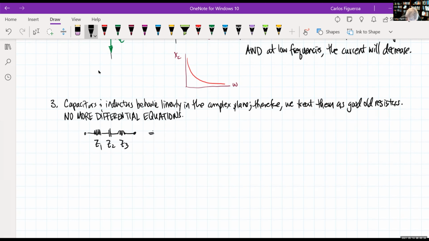So if I look at the total impedance for this thing, it's going to be Z1, Z2, Z3. If this is R, this is C, and this is L, then I'm literally going to write this as R minus JXC plus JXL. I treat them in series. And I can do the exact same thing for in parallel.